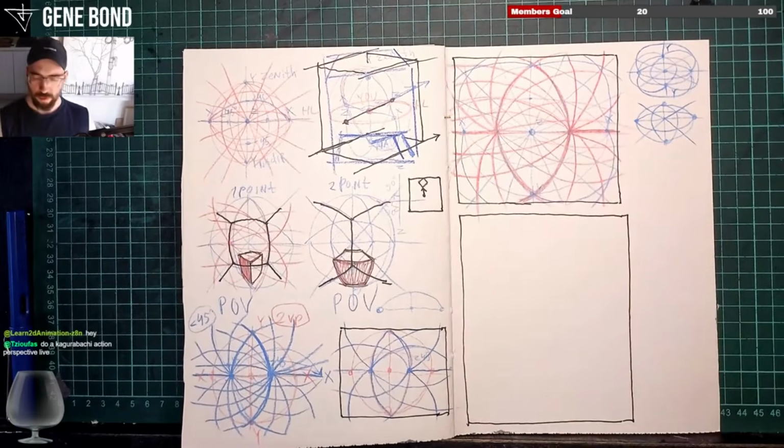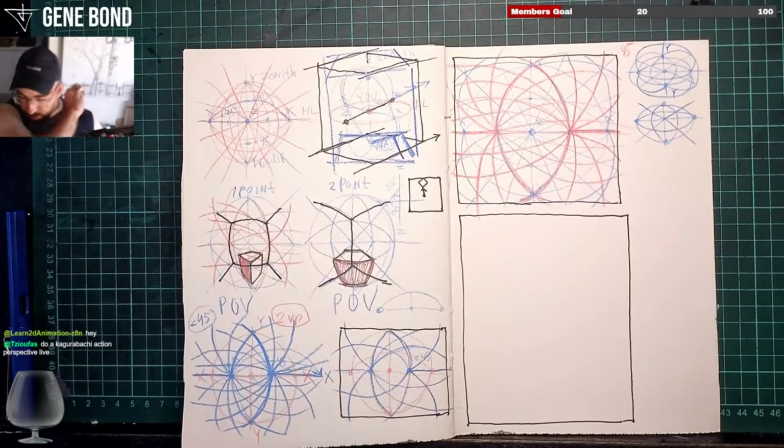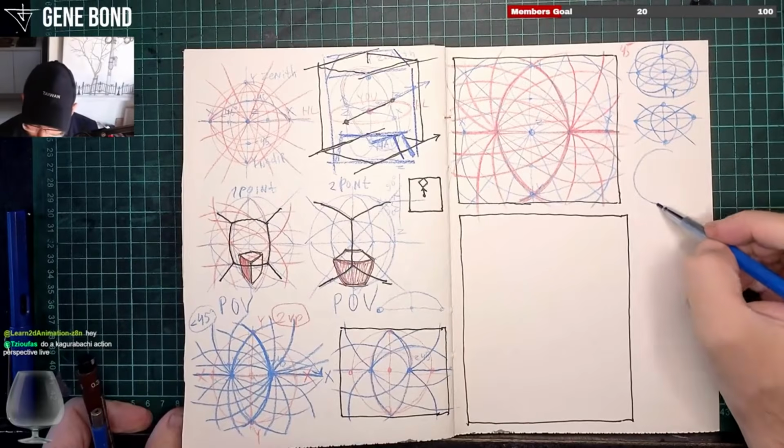Some more. So here is our 45. But also what's interesting, right?